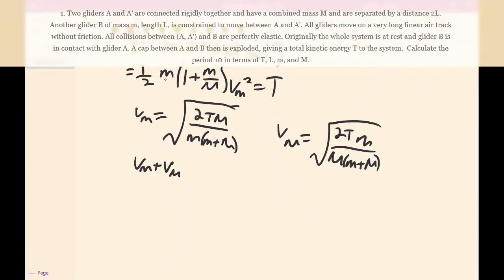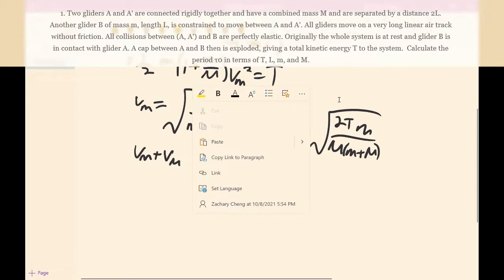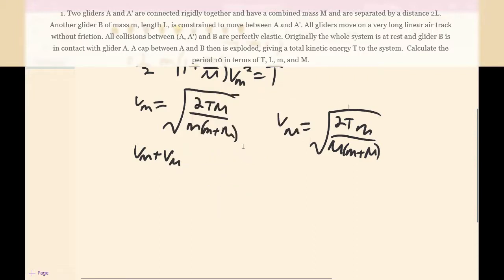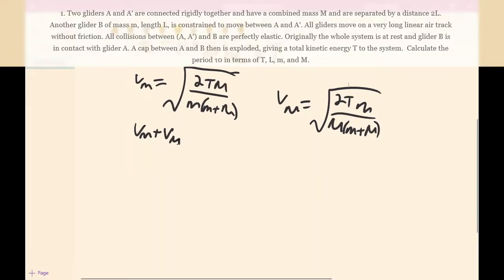Since in this frame the big glider doesn't move, it's just basically this small glider going back and forth at a constant speed, since the floor is frictionless and all the collisions are elastic. So then the period would just be this total length, which is 4L over V small m plus V big M.